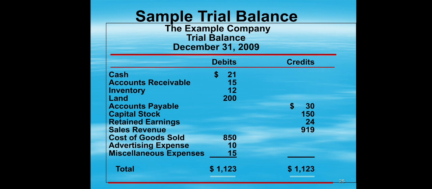And then column number 3 is to show the credit balances. So here you can see account payable has $30 credit balance, capital has 150 credit balance, sales revenue has $919 credit balance.